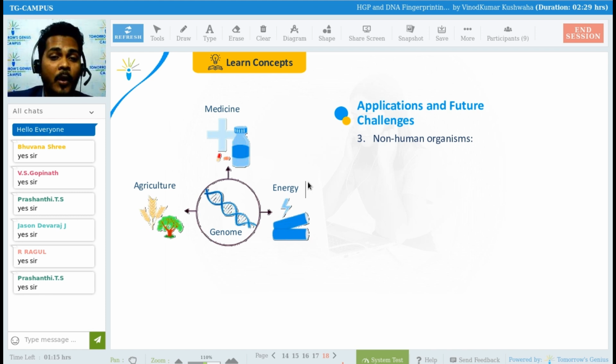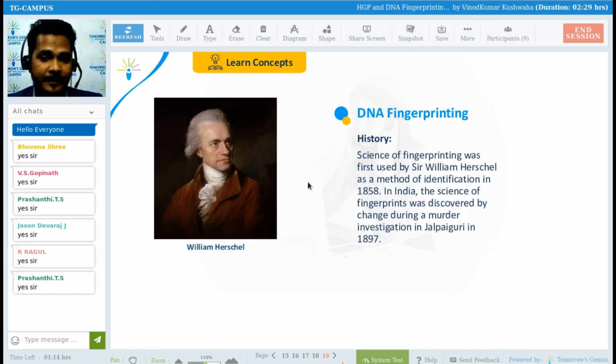So total 6 non-human model organisms, and this has been sequenced already, to understand the connection between the two organisms, because all these organisms are used as model organisms. Clear? So this is the third application, or we can say the future challenges.